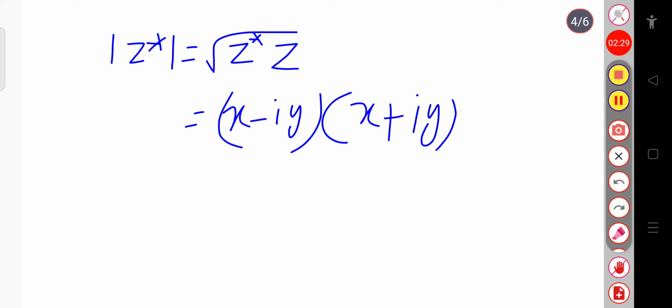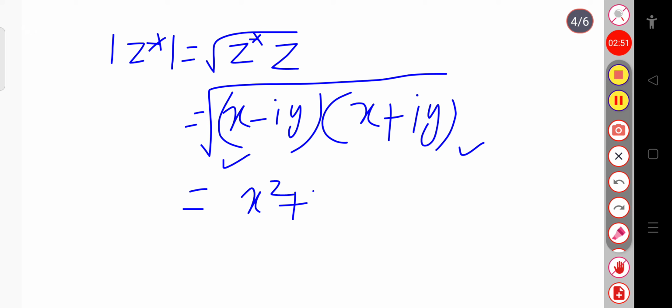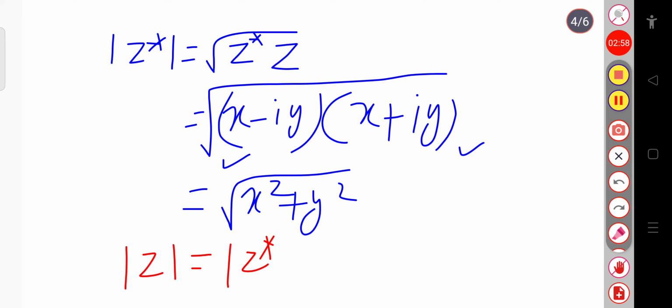The complex number and its conjugate, that means if x plus iy is a complex number, then its conjugate will be x minus iy, and if x minus iy is the complex number, then its conjugate will be x plus iy, and the root of this will again be a minus b into a plus b form. So that will be simply the root of x square plus y square. So you can see here mod z is equal to mod z star, and that is equal to the root of x square plus y square.